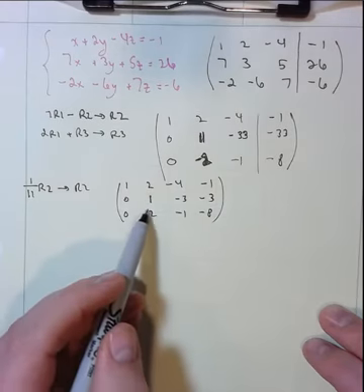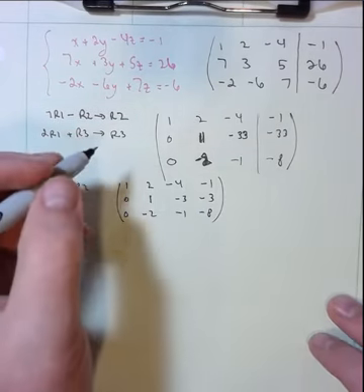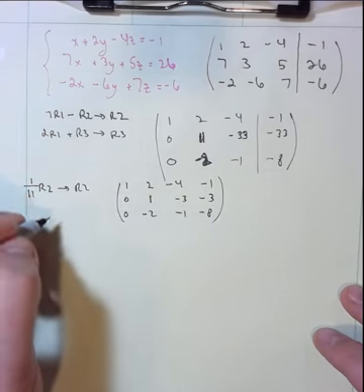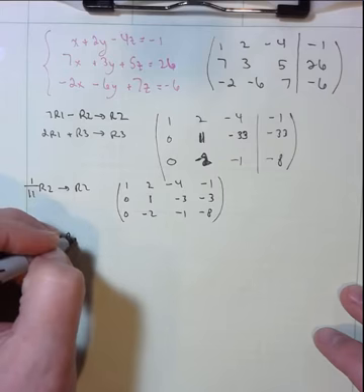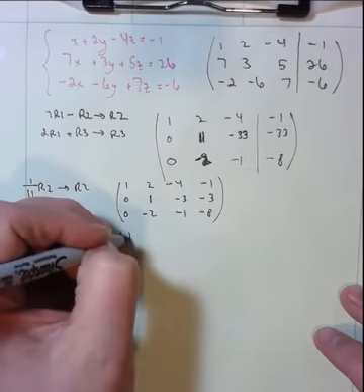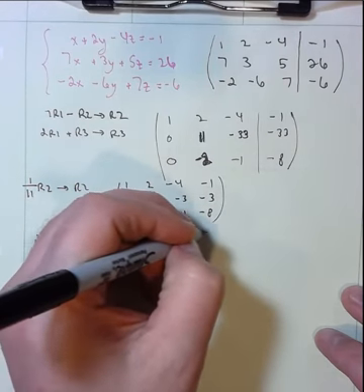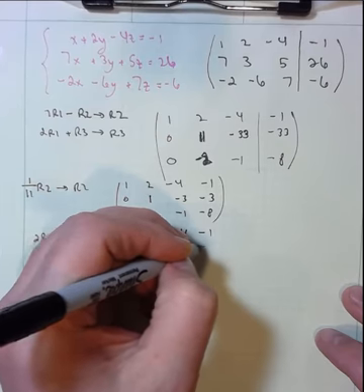Our next job is to get a 0 in this spot. So how about we do 2 row 2 plus row 3 and dump that where row 3 currently sits. We don't want to involve row 1 anymore because that will mess up the zeros we've already put in place.